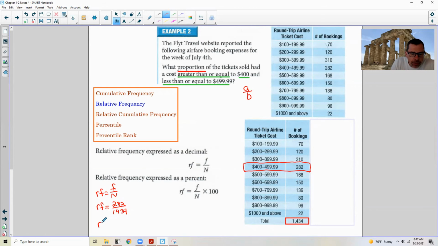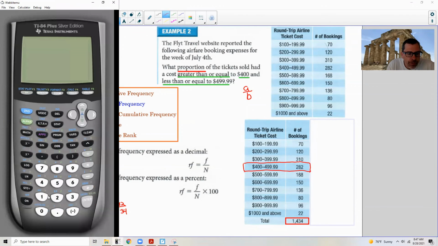And finally, the third step is simplify and solve. If I take 282 and divide it by 1434, I get 19.66 or 19.7%.